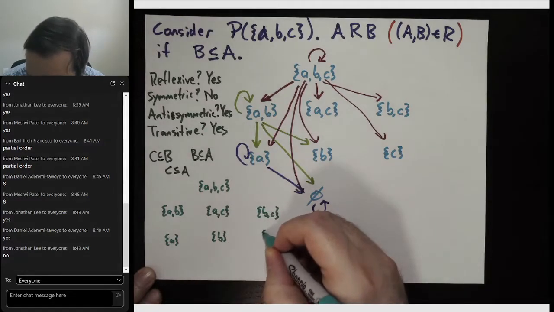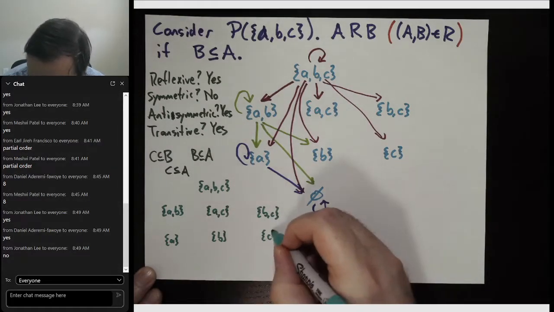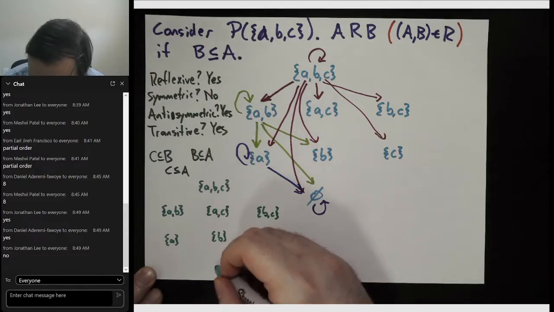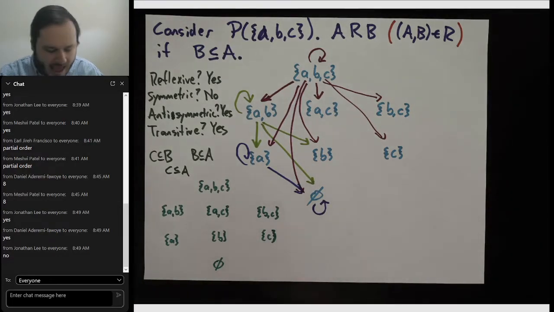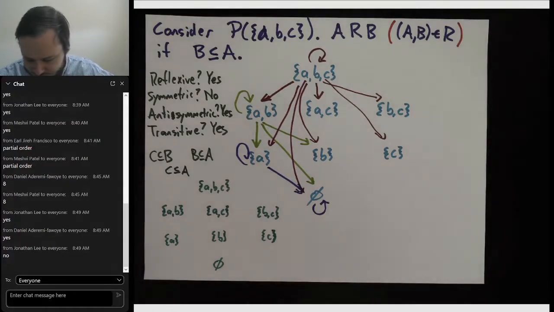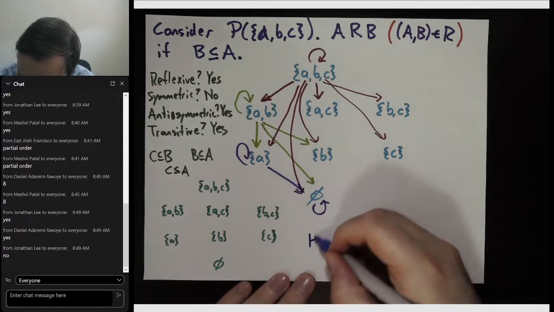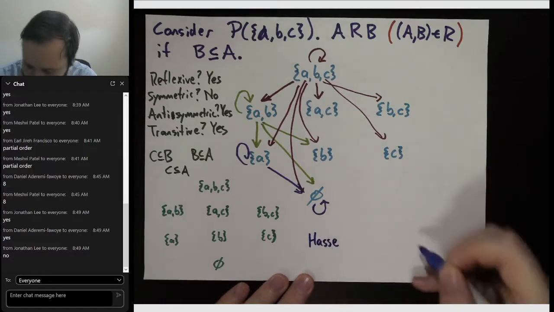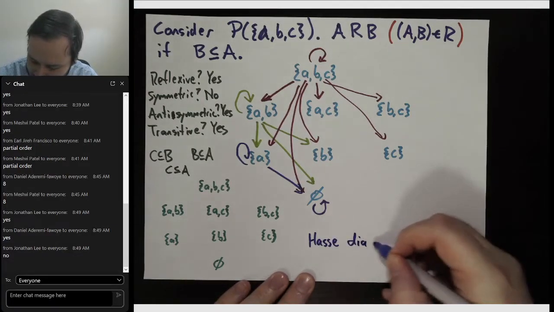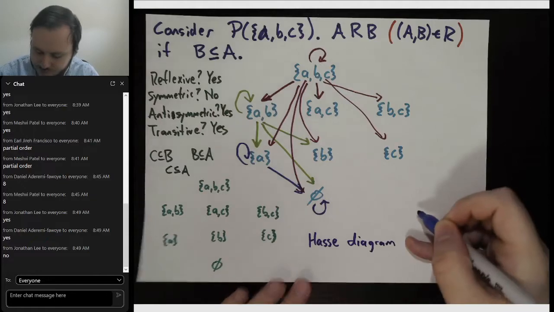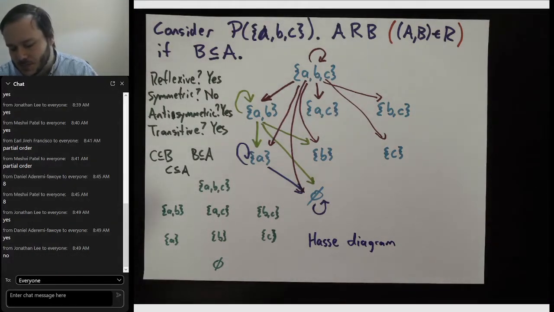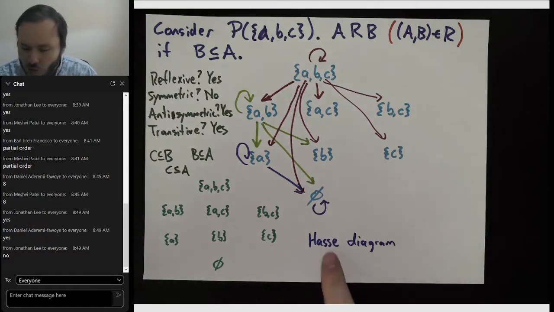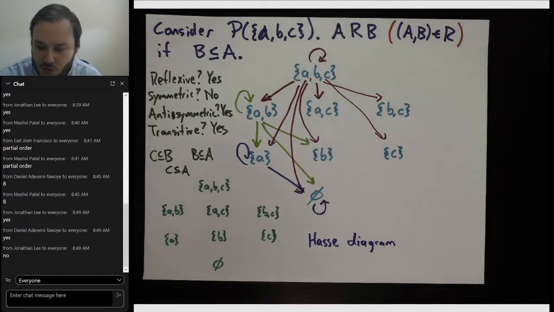But there's another type of diagram called a Hasse diagram. H-A-S-S-E. And the way the Hasse diagram works is I already know that you can only draw a Hasse diagram for partial orders.